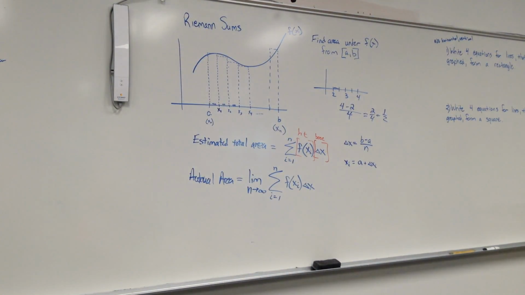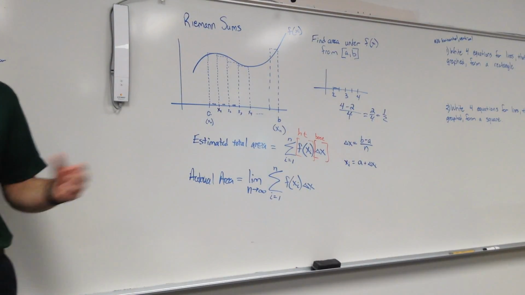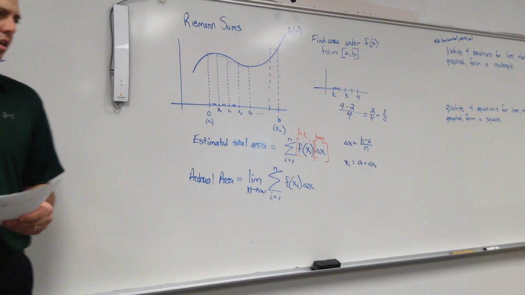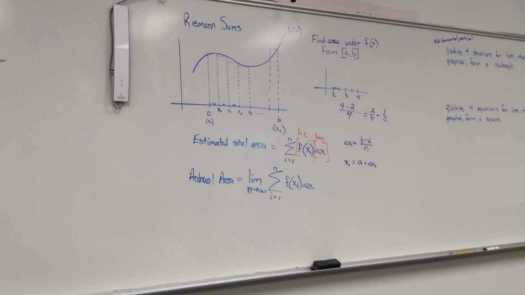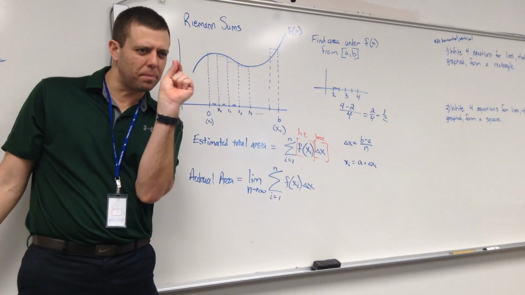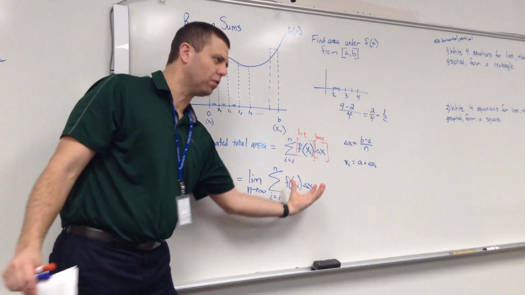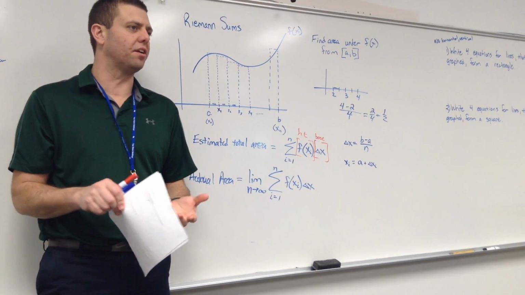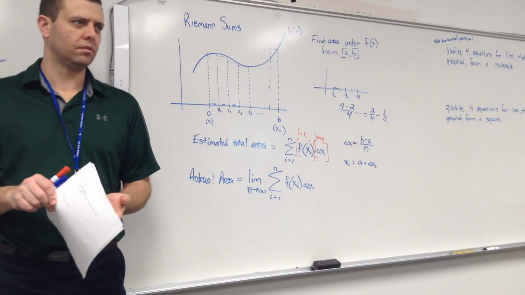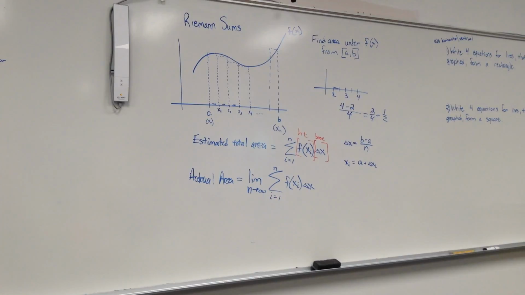That should look similar to the couple problems we finished class with yesterday, just finding the limit of a sum. So this is really a fancy way of saying, if I split this up into an infinite number of really skinny rectangles and I add the areas of all those rectangles together, I will get the exact area under the curve. Conceptually seem all right? Okay.